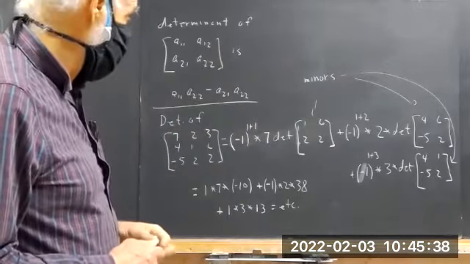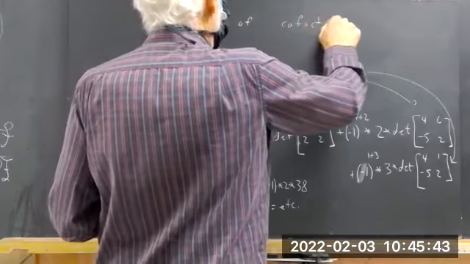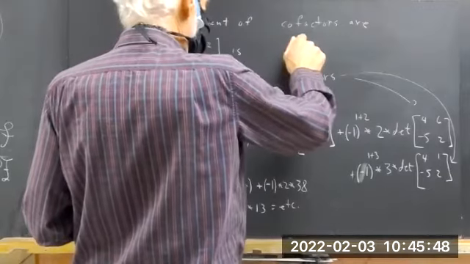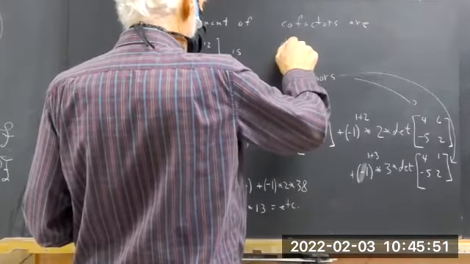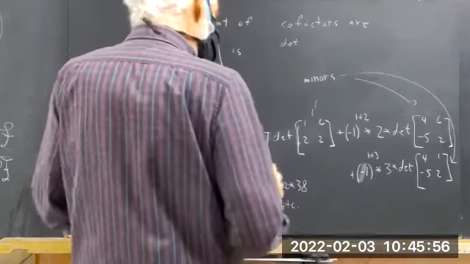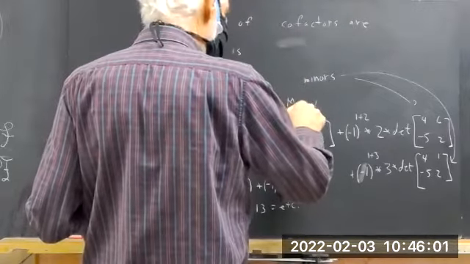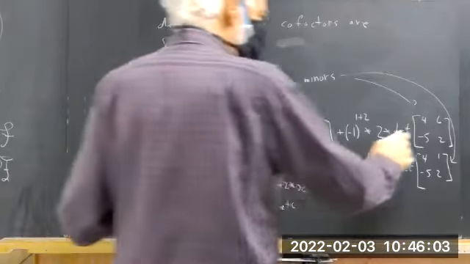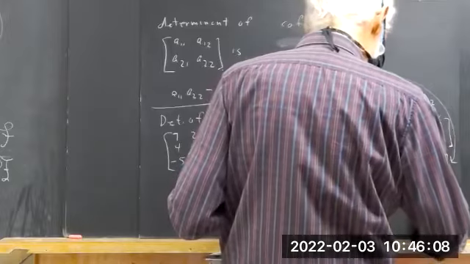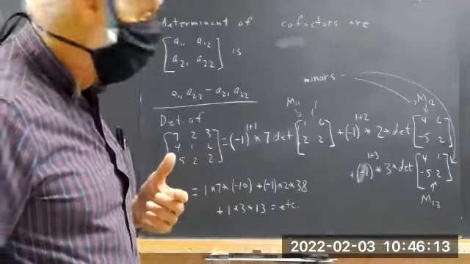The cofactors, right this way. I'm going to call this the M1,1 minor, M1,2 minor, M1,3 minor.